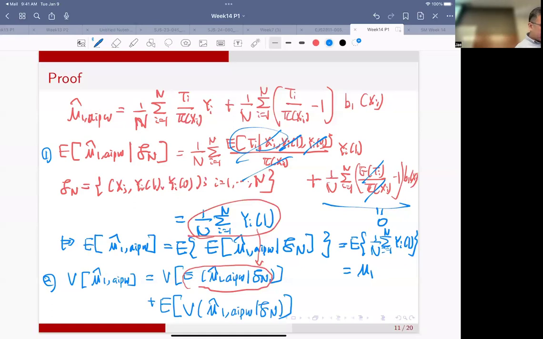That means the variance of this guy is, so this guy is equal to 1 over n times the variance of y1. So that is this part.